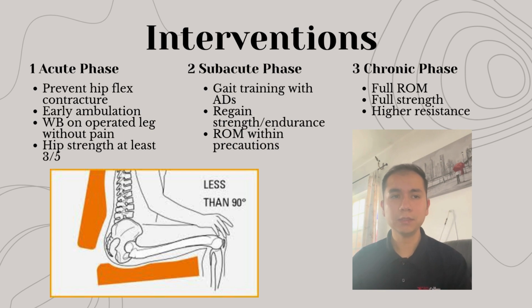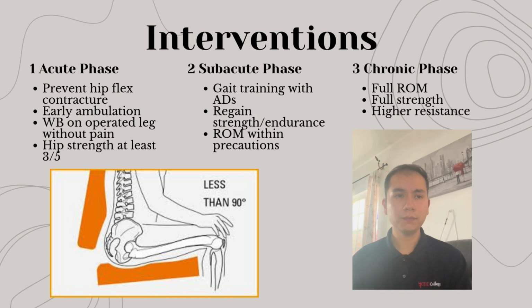The patient needs to build the strength so they don't have pain when weight bearing, and the hip strength should be at least a 3 out of 5. We could do that by PROM or isometrics.